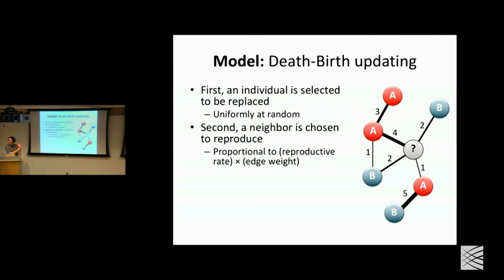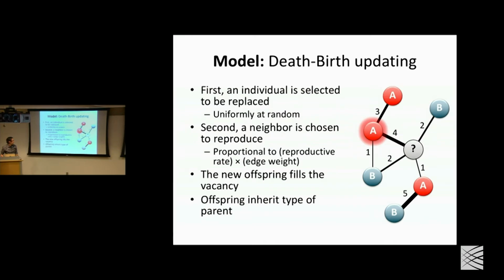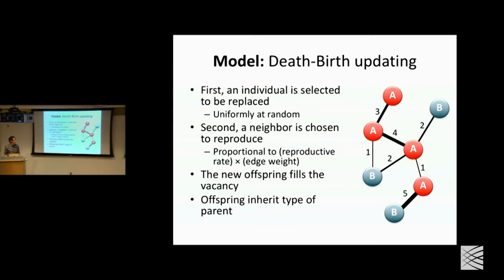That was the remark about edge weights affecting frequency of reproduction. Let's say A is chosen to reproduce; then it fills the vacancy. For the moment, we're going to assume there's no mutation, so the offspring inherit the type of the parent. That's an assumption we can relax without too much trouble, but we'll assume it for now. Okay, so that's the basic model. This leads to a new population state, then everyone interacts again, then there's another update, etc.